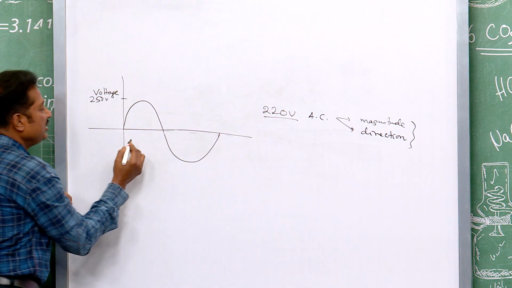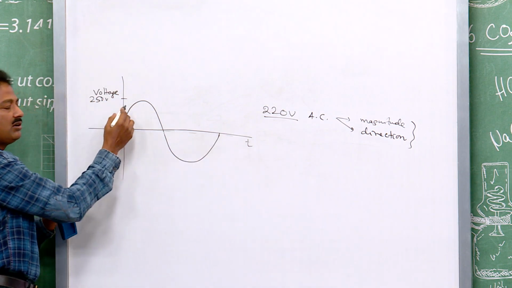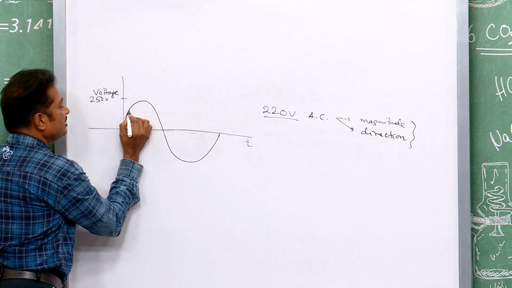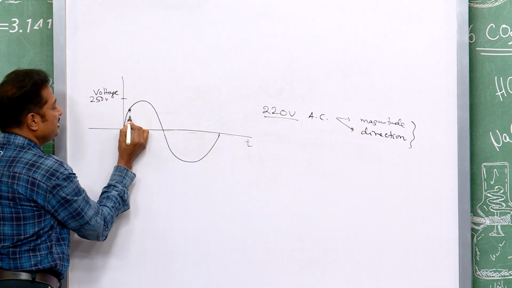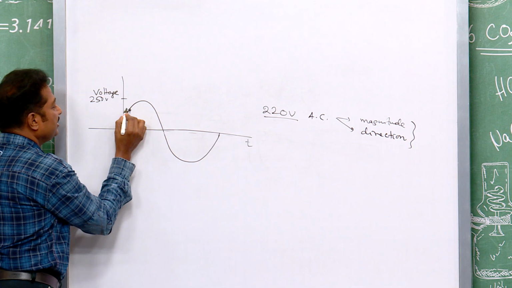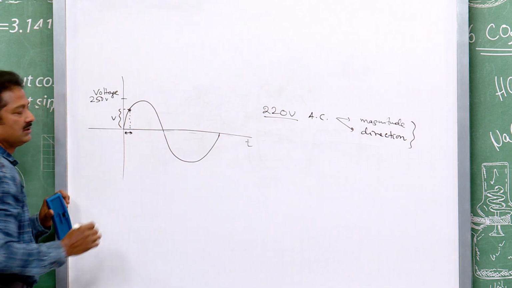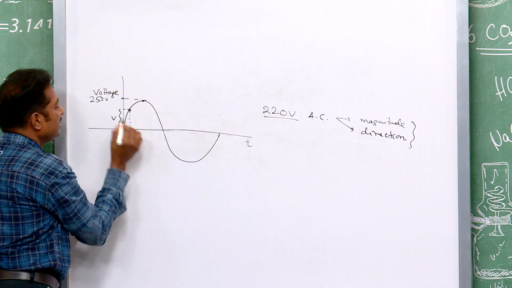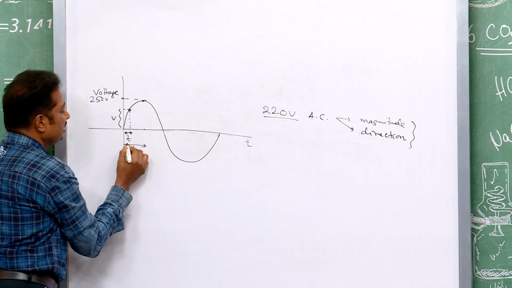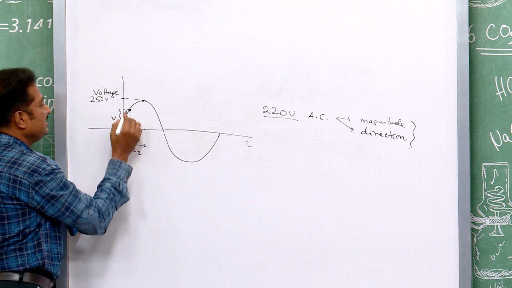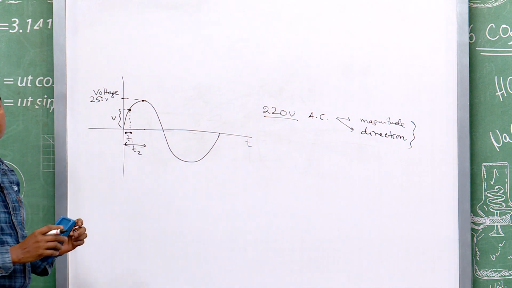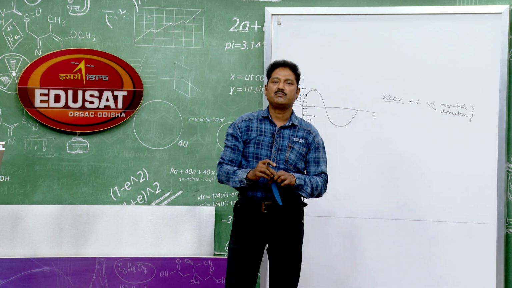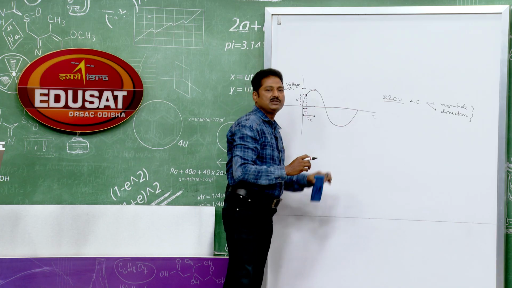You see, with time the voltage is not remaining constant. At this point this is your time, this is your voltage, and at this point this is your voltage, this is your time. So, in this way when time is changing, your voltage value is changing. In direct or DC, the voltage was always the same, but here the voltage value is changing.